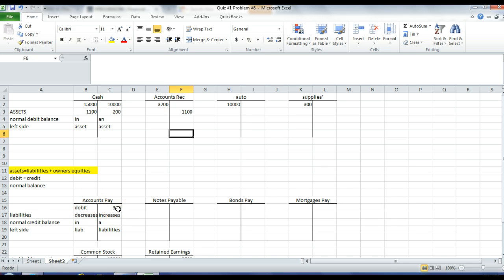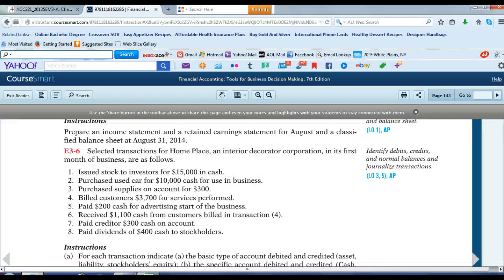So if a liability has a normal credit balance, we're going to debit that liability to reduce that liability. So we'll debit it, but then also remember, with our cash, we're using up cash, so we're decreasing our cash, which means we're going to credit our cash. Again, it's important to know that debits need to always equal credits in every transaction that we perform here.